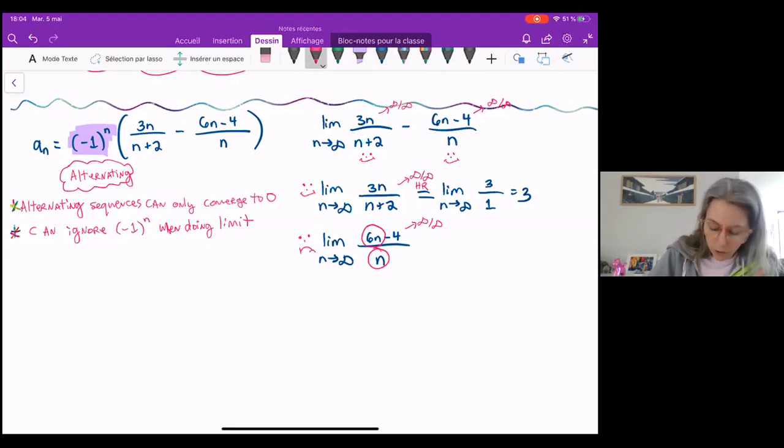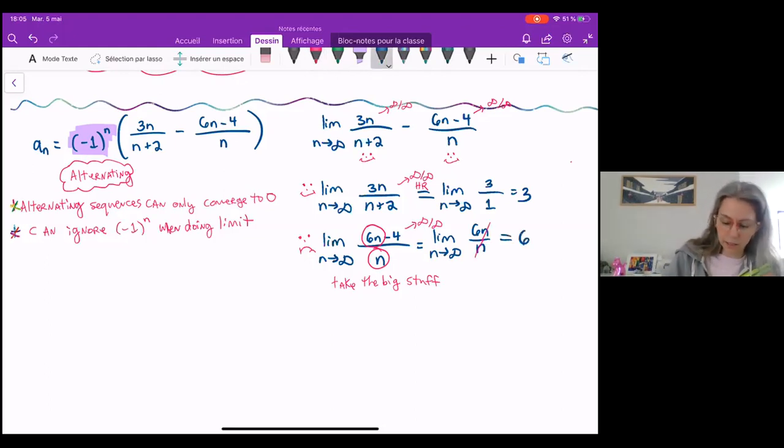Here I'm using L'Hopital's rule, here I'm taking the big stuff. To see that this is the same thing as the limit as n approaches infinity of 6n over n, those n's cancel out, and I get that this is just equal to 6.